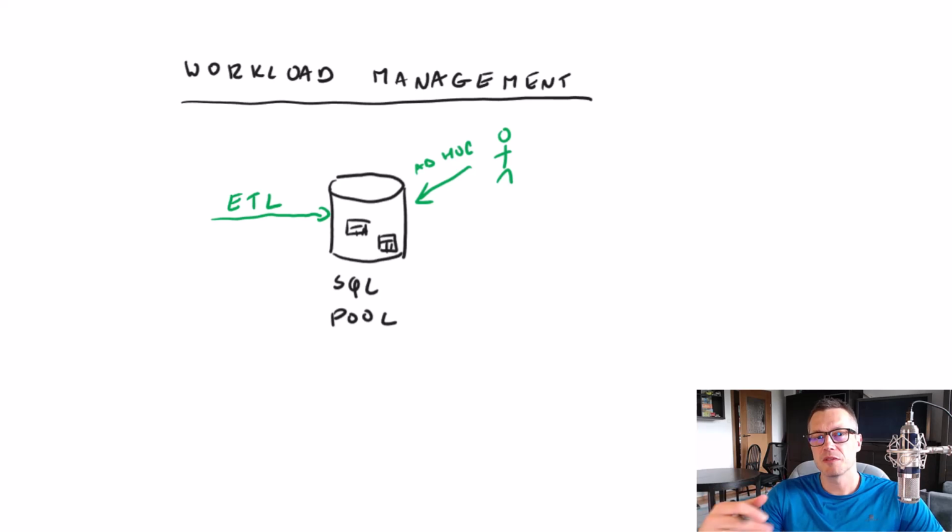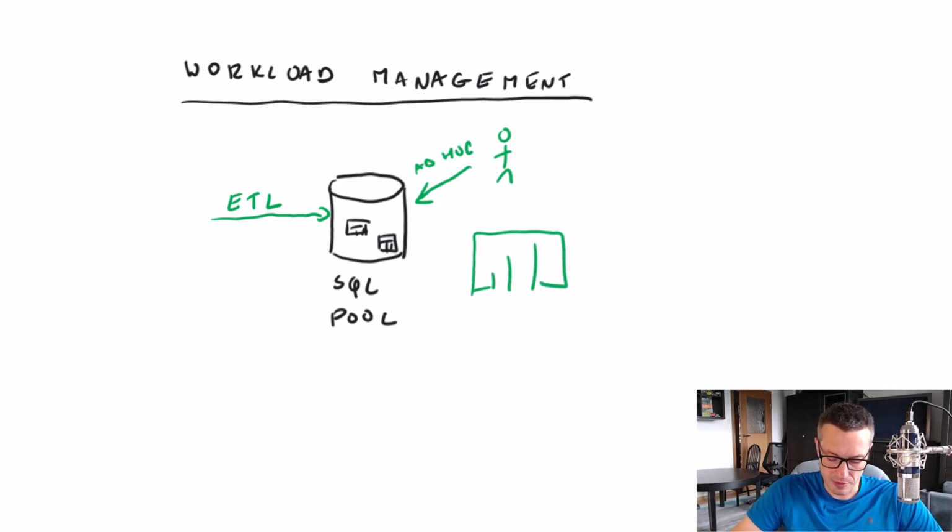Probably we also have some front-end tool that is used to present the data in a more nice form than just a result of SQL select queries. So we might have Power BI or some other tool that we use for reporting, but let's assume that it is Power BI. And Power BI also will try to connect to our pool to get the data.